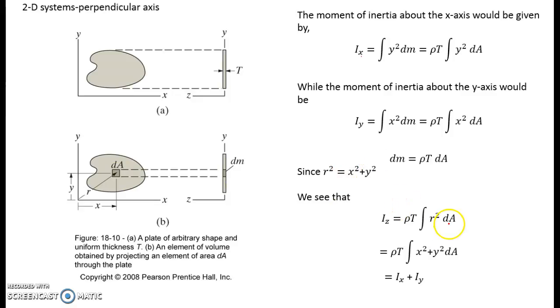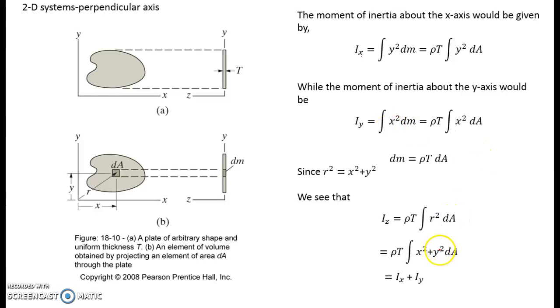So if I make that substitution here for r squared, I end up with the integral of x squared plus y squared dA. Guess what? The integral of x squared dA, that's my I sub y, the moment of inertia about my y-axis.